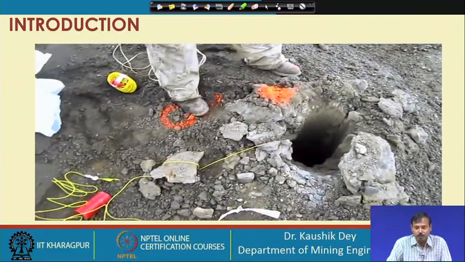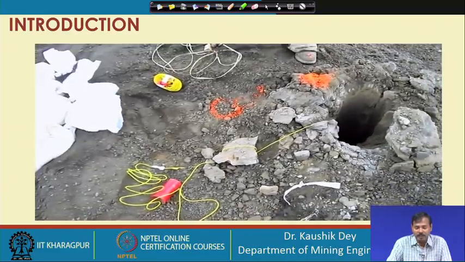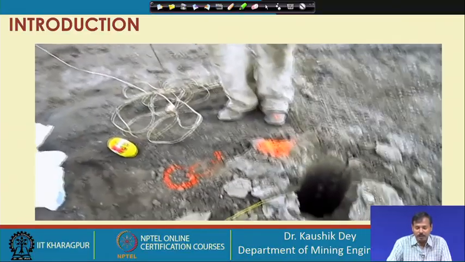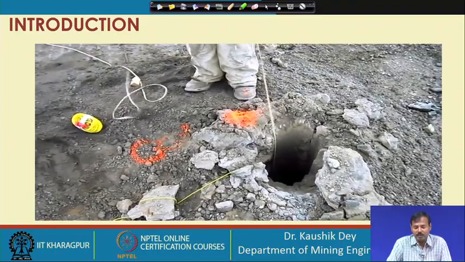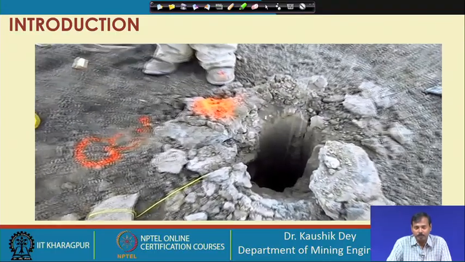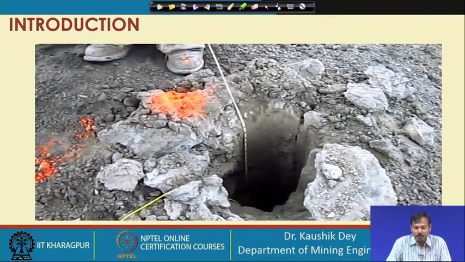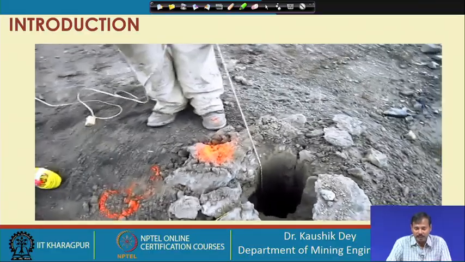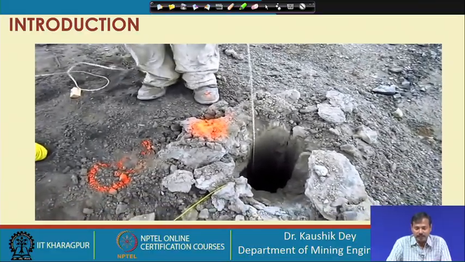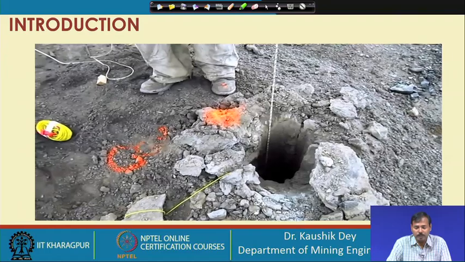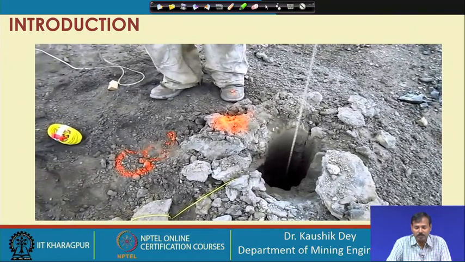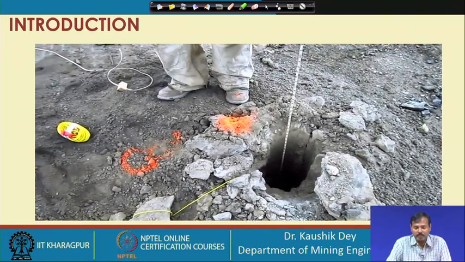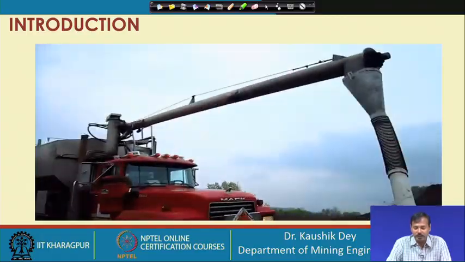This is carried out so that the cartridge will lose its shape and take the shape of the hole. This will give direct contact between the explosive and the rock wall. For that, a small cut is provided in the cartridge of the explosive.